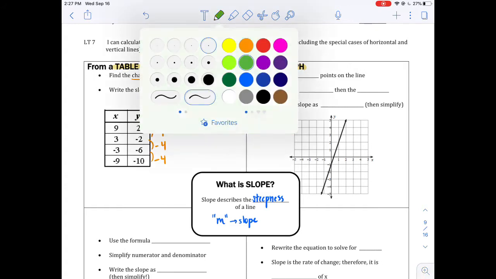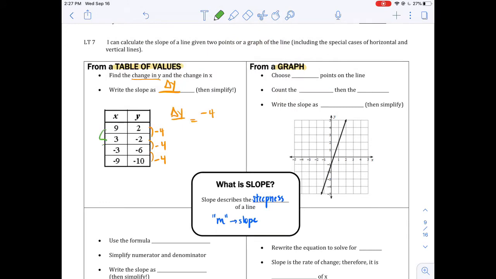And so we're also going to look at the change in x. So what's happening to my x values as we move along the table of values? And I think we would all see that we're subtracting 6. So our slope is always going to be the change in y over the change in x. So as I do work over here, that should be -6.